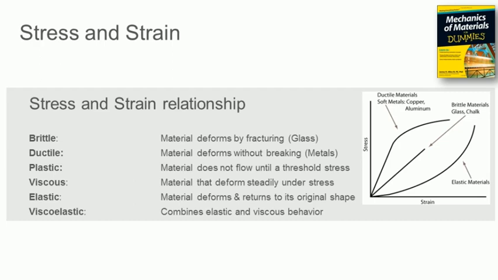It keeps the size and the shape of the glass until a certain stress where it breaks. We have different relationships for metals, for plastic, and we also have a stress-strain relationship which is specific for viscous, elastic, and viscoelastic objects.